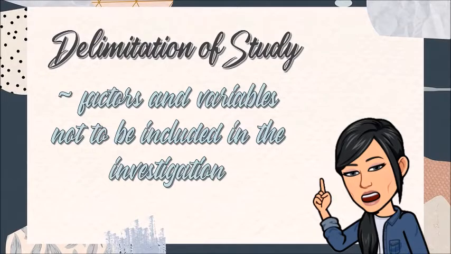The delimitations of a study are the factors and variables not to be included in the investigation. In other words, they are the boundaries the researcher sets in terms of study duration, population size, and type of participants.